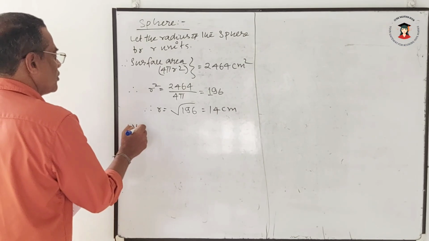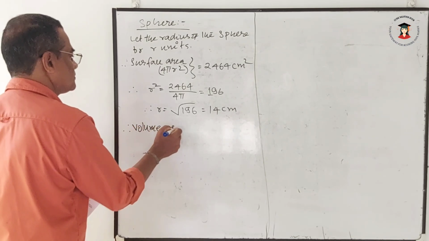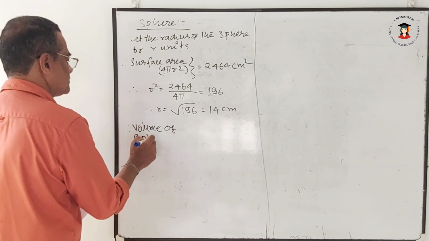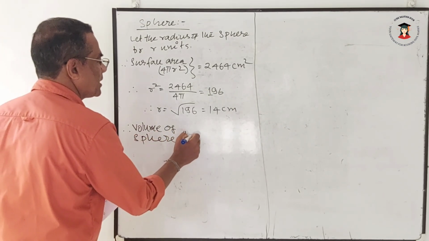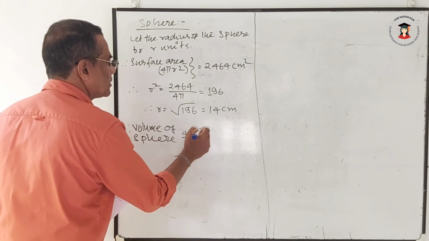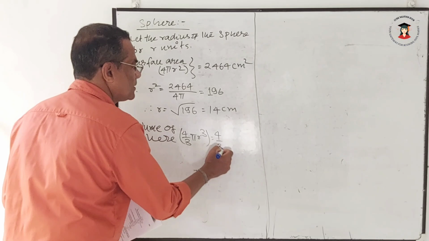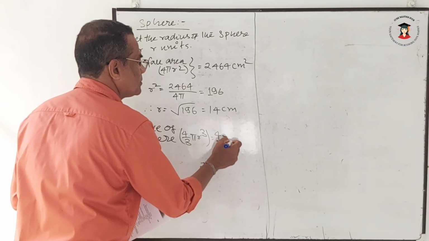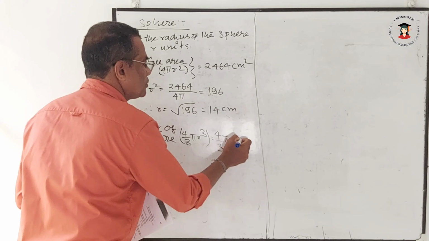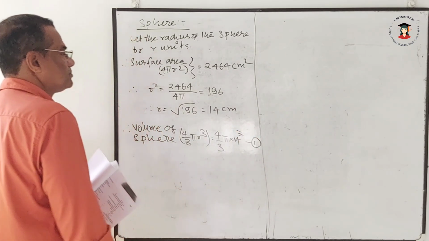Therefore, volume of sphere, four by 3 pi r cube equal to 4 by 3 pi into 14 cube. This is equation number 1.